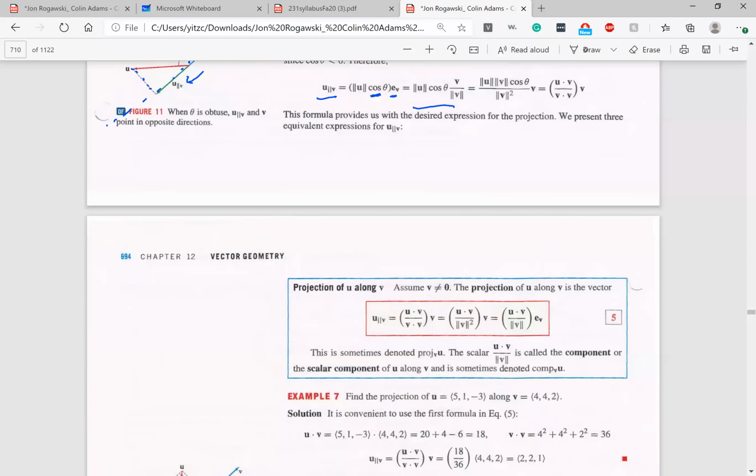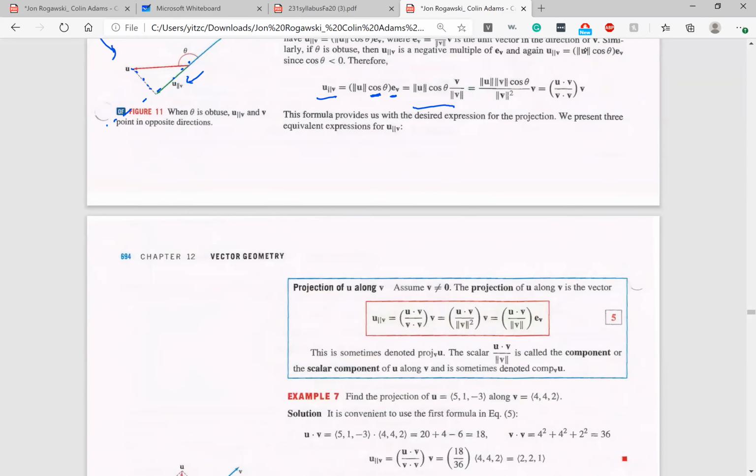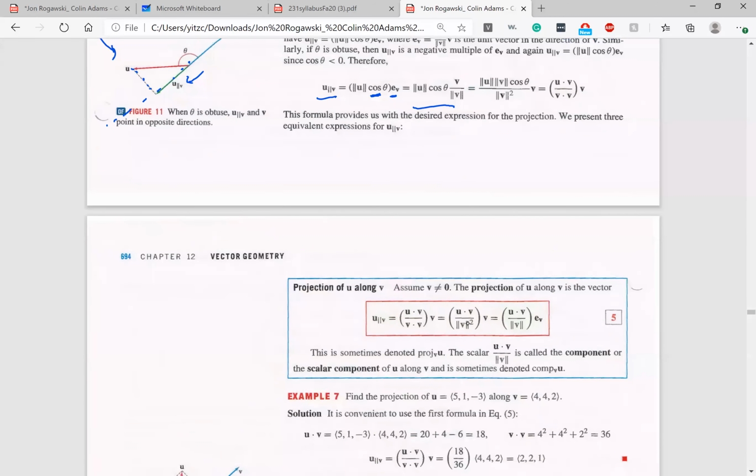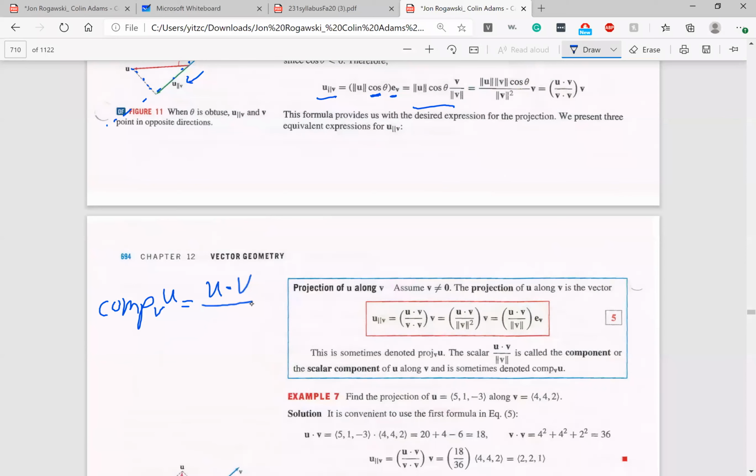Now, for the projection of u onto v, a very easy way to remember this, in my opinion, is by remembering what the component is. So the component of the projection of u onto v is equal to the dot product of u dotted with v over the magnitude of v.